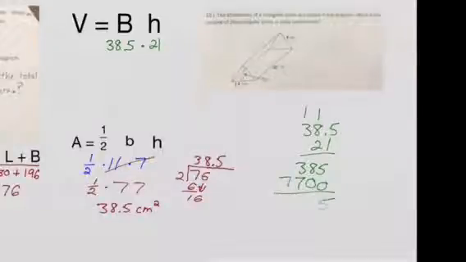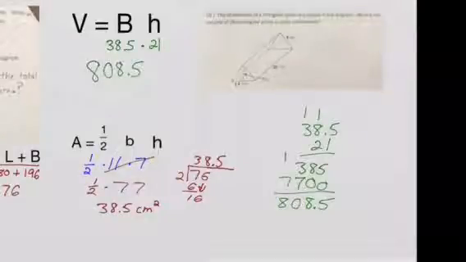So I add this up and I get 5, 8, 10, 8. I have one decimal, so I'm going to add it back in. And so now I know my volume is 808.5, and we know that that is centimeters, and it's going to be cubed. All right, let's move on to question 13.